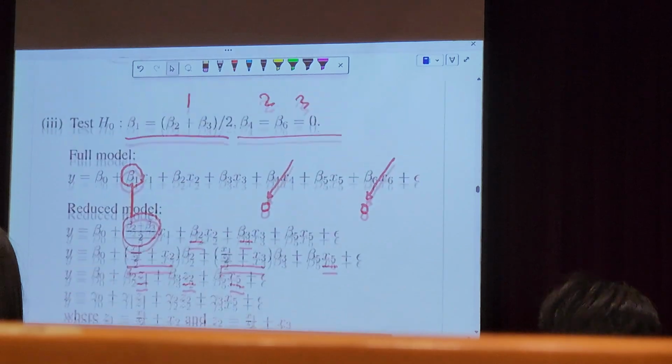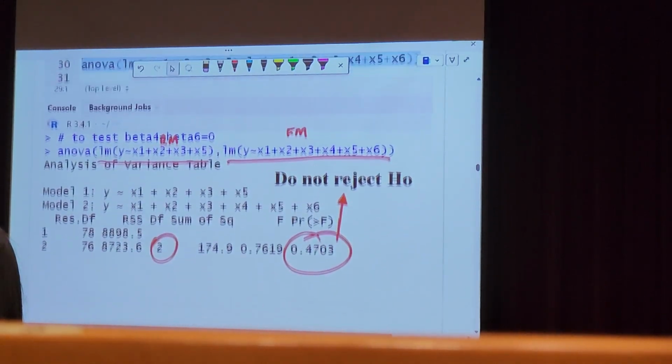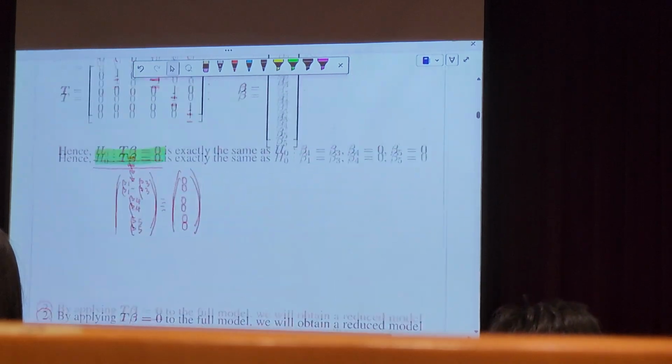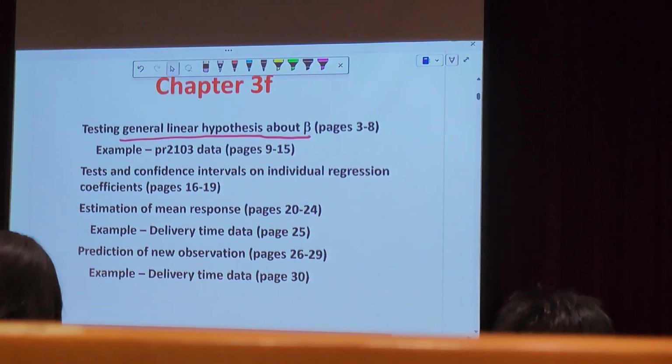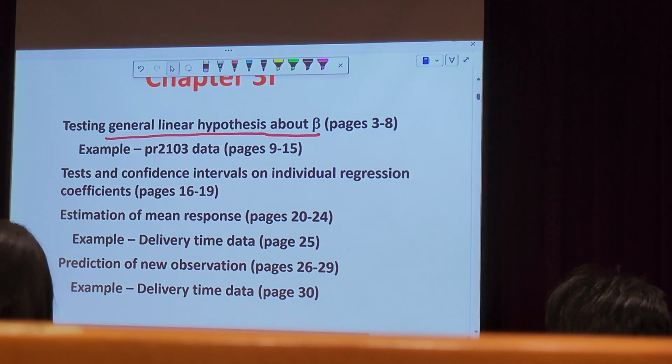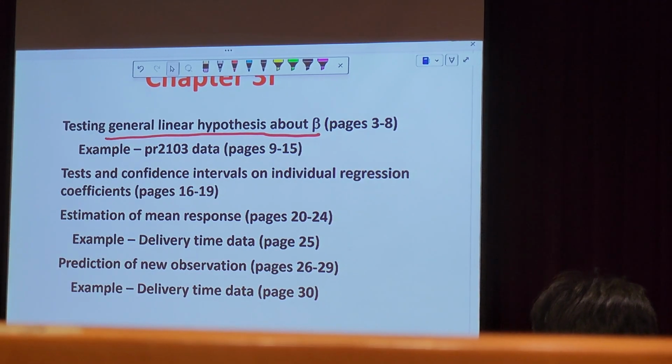Alright, so let me just give you a summary of what we have done. In today's lecture, the most important thing that you need to know is how to test general linear hypotheses about beta.